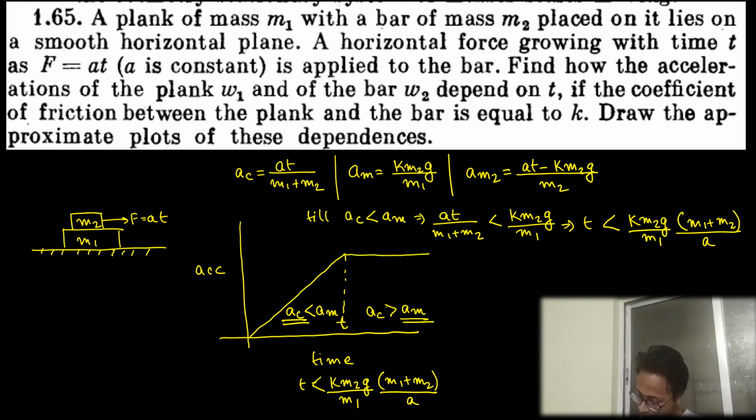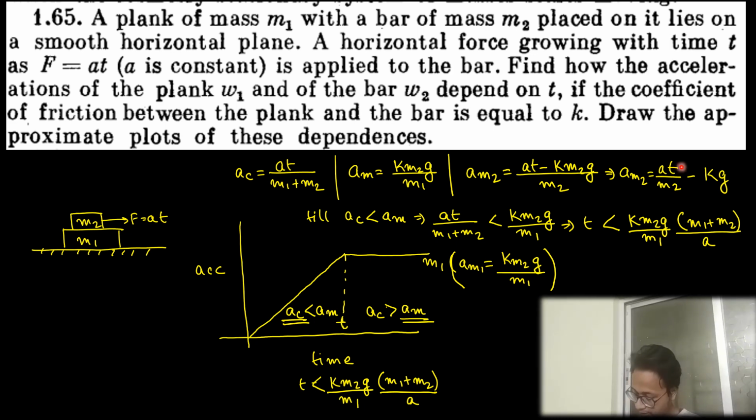So this block m1 would move with acceleration k m2 g by m1. And this block's acceleration a_m2 would be (at minus k m2 g divided by m1) divided by m2, or this can be written as a_m2 equals at by m2 minus k into g.